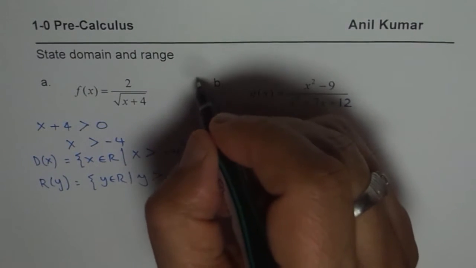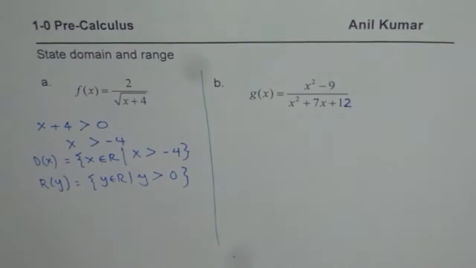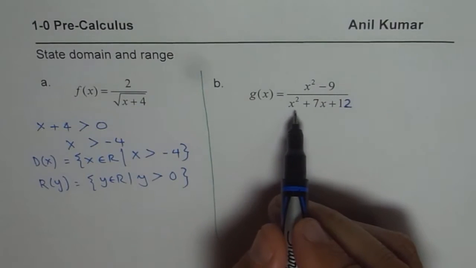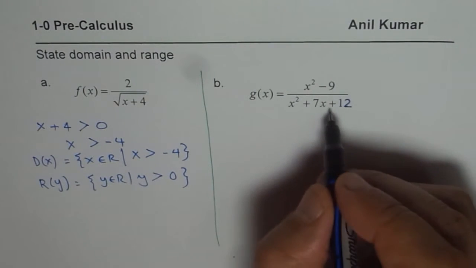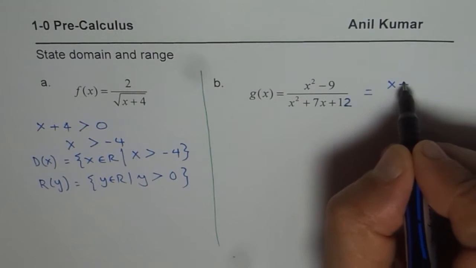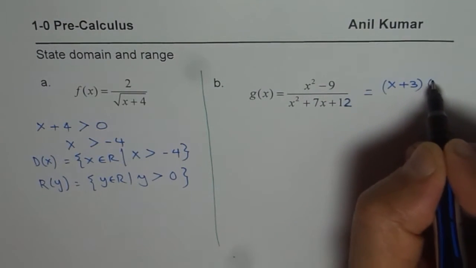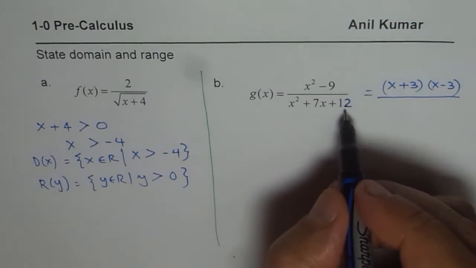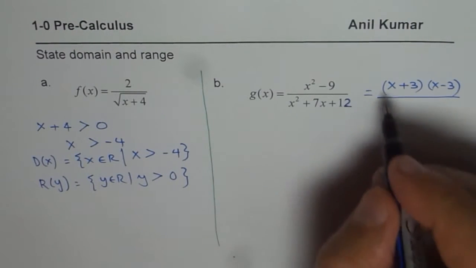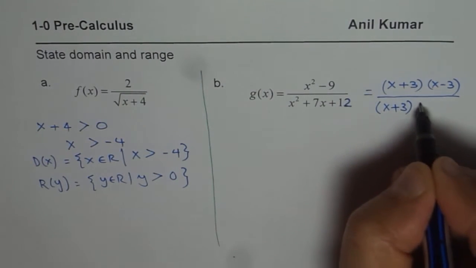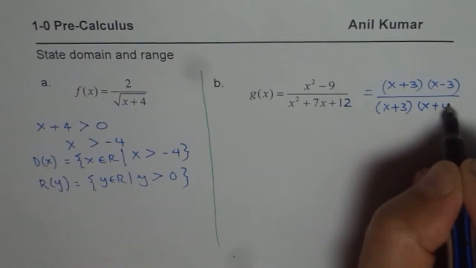Now let's look into the second function. Here we have g of x equals x squared minus 9 divided by x squared plus 7x plus 12. We can factor x squared minus 9 as x plus 3 times x minus 3. For the denominator, we are looking for two numbers whose product is 12, so 4 and 3 will work for us. So it is x plus 3 times x plus 4.